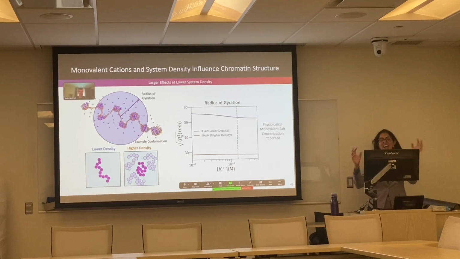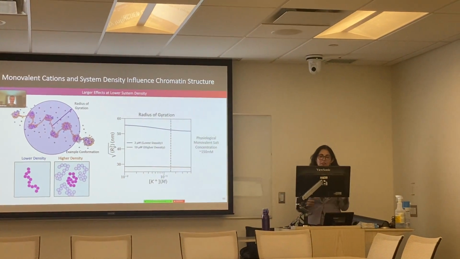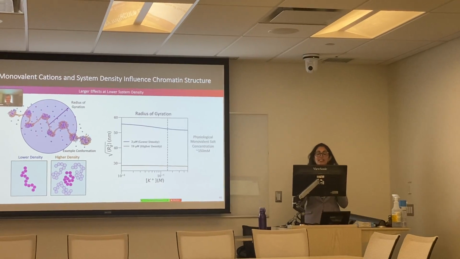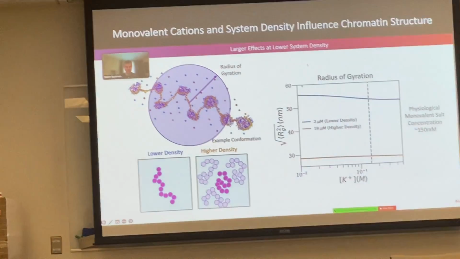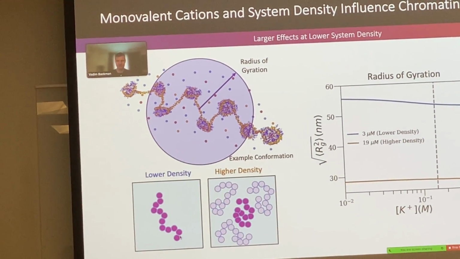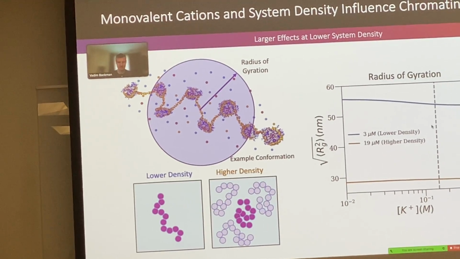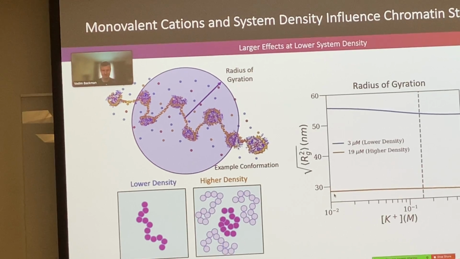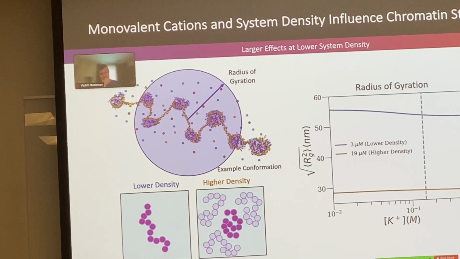Okay, so basically, we're looking at the radius of gyration in response to changes in potassium concentration at 2 different system densities. So we have our lower density system, which is still in a dense environment, but less dense than our higher density system. And you can see that our higher density system has a lower radius of gyration corresponding to more compact conformations.